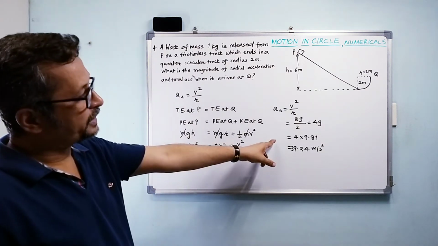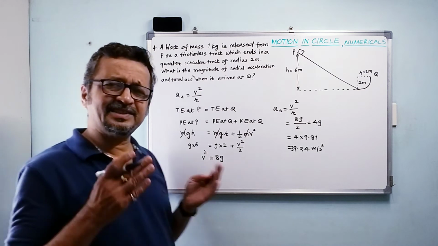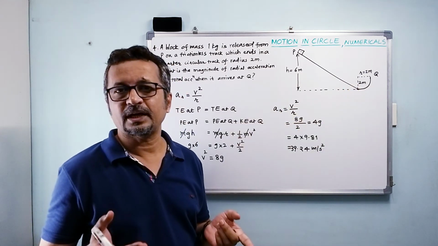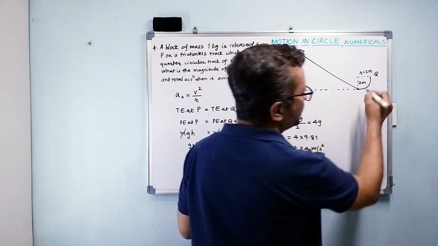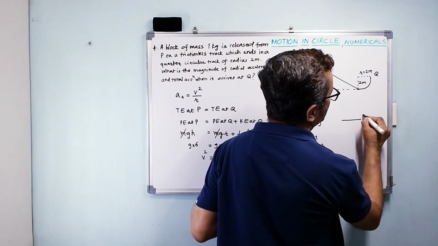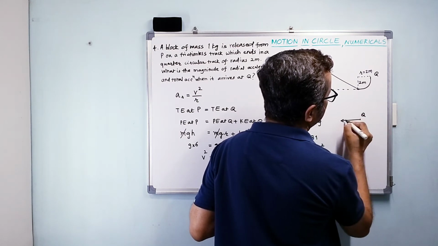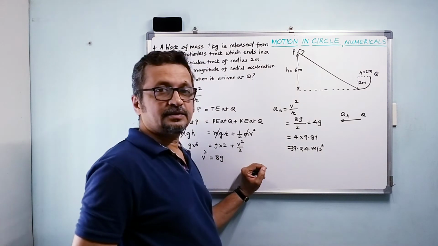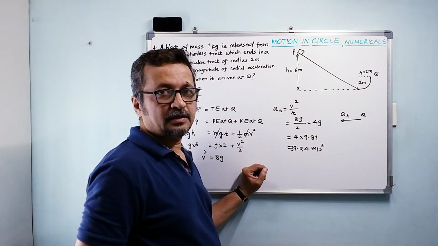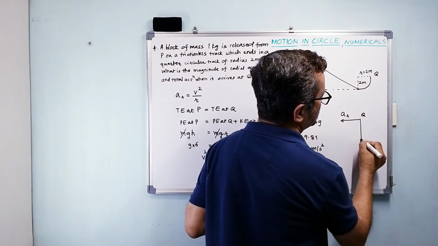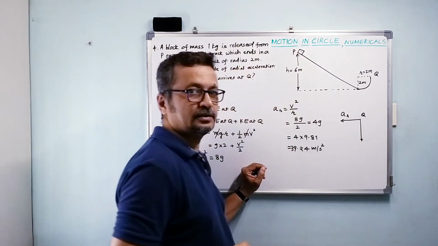Alright, we have found the radial acceleration. What about total acceleration? Is there any tangential acceleration at point Q? Yes, the answer would be yes, because over here, suppose this is your point Q and this is your radial acceleration. There is gravitational acceleration which would be acting vertically downwards, right?